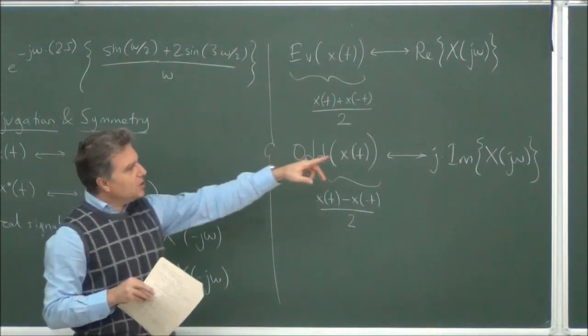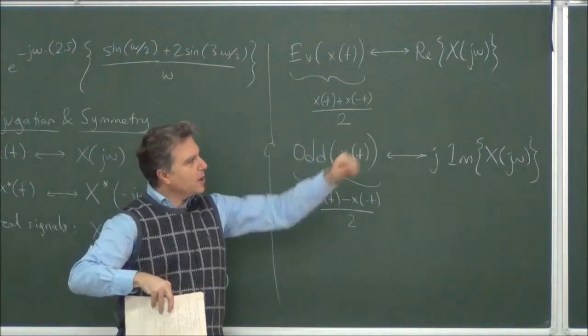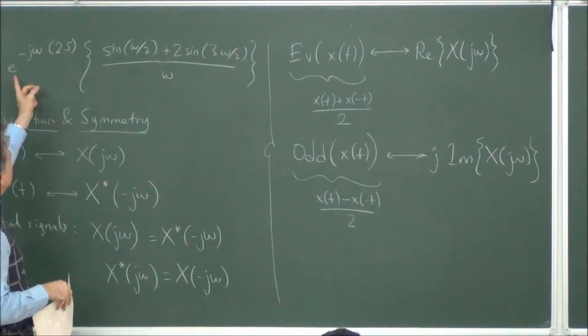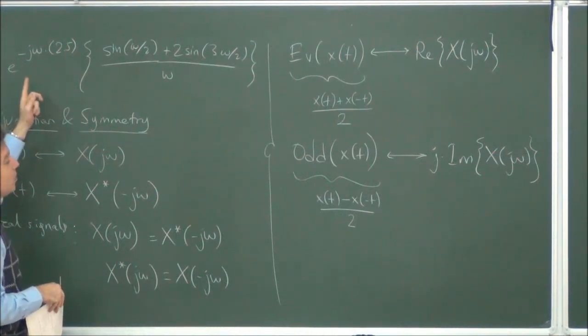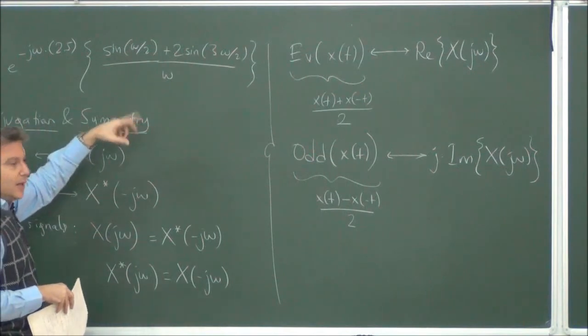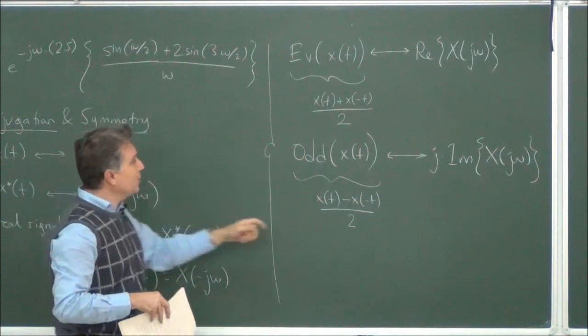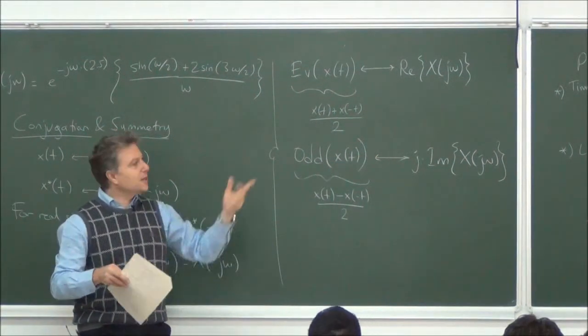If you have such an odd signal, like this or like that, generated from our previous example, then again you need to expand this part using Euler's formula and take only the sine part, and j times sine, times this large parenthesis, will correspond to the Fourier transform of the odd function generated from our example.